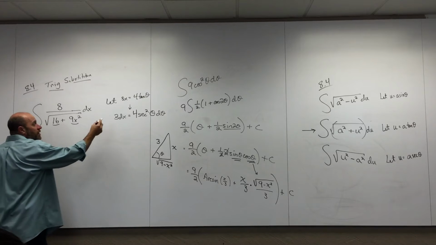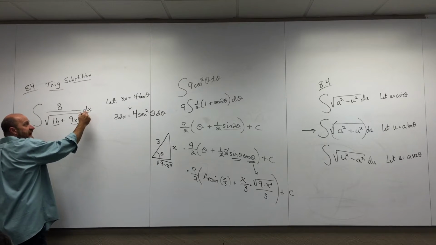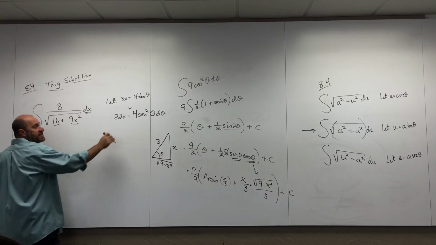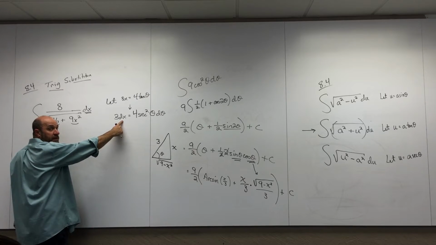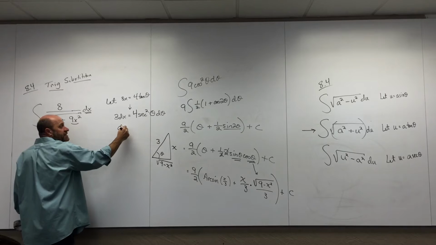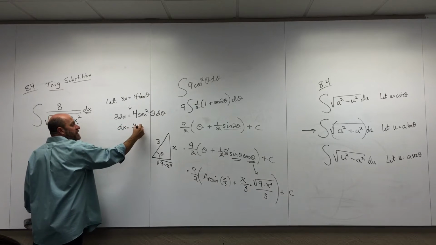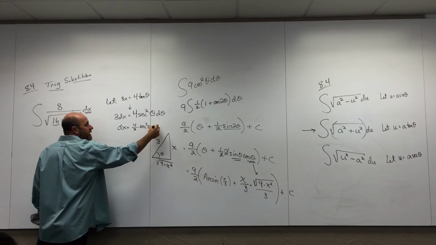I'm going to replace this dx, so maybe I want to solve for dx. What should I do? Divide by 3. So dx is 4/3 secant squared theta d theta.